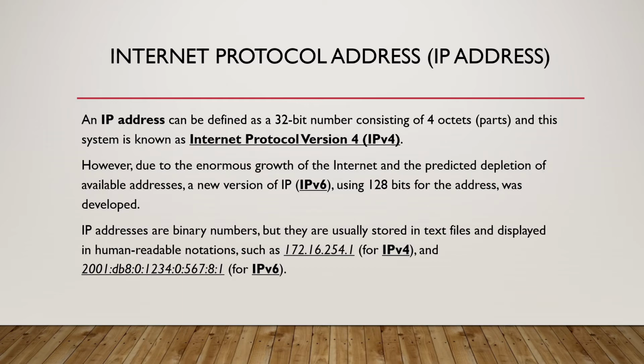An IP address can be defined as a 32-bit number consisting of 4 octets, that is parts, and this system is known as the Internet Protocol version 4. However, due to the enormous growth of the Internet and the predicted depletion of available addresses, a new version of IP, the IPv6, using 128 bits for the address was developed.